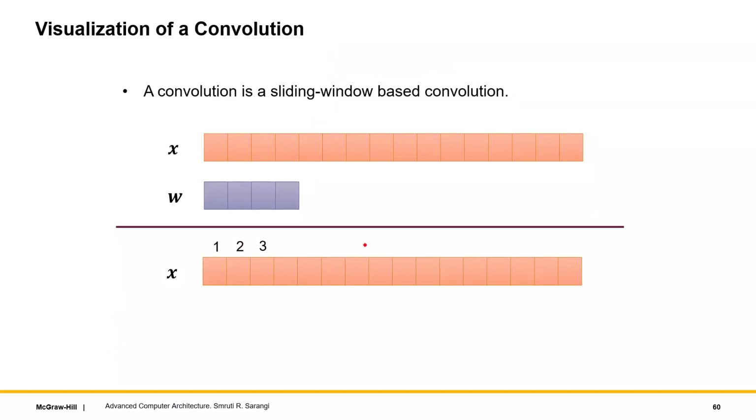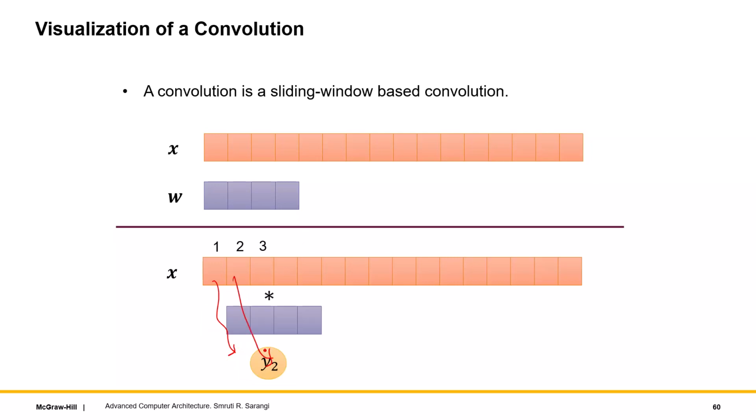If I were to visualize the process of convolution, it would be basically a sliding window over here where X is a one-dimensional array, W is a one-dimensional array. So we convolve it with the first location here. So this is Y1. We again move this over here.